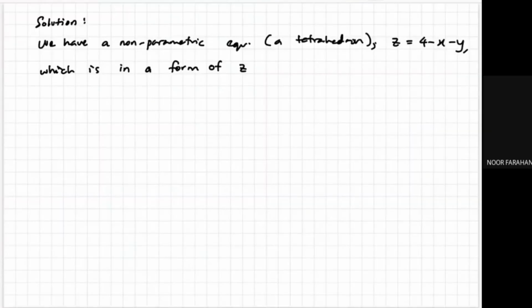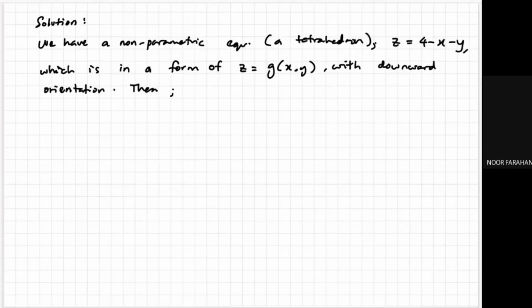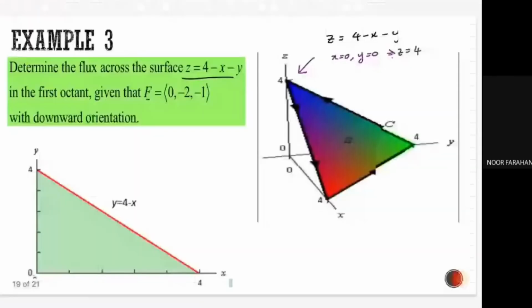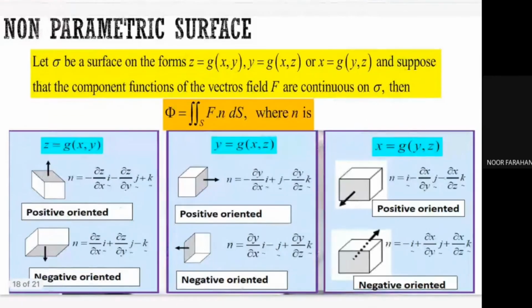Just now, z is equal to g(x, y) with downward orientation. For downward orientation, your n is this part: del z del x i plus del z del y j minus k.